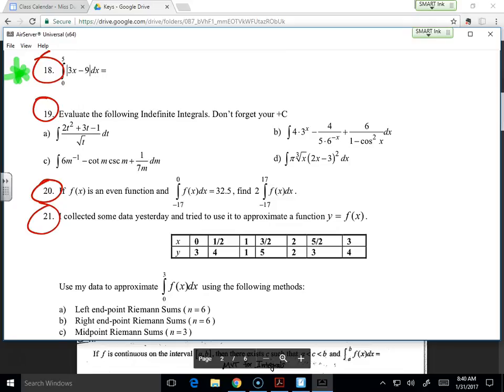Kiddos, I'm not going to solve, but how are you rewriting letter A? Come on, you're rewriting, right? Good. You can do 2t squared plus 3t minus 1, all times t to the negative 1/2. Why is that good?